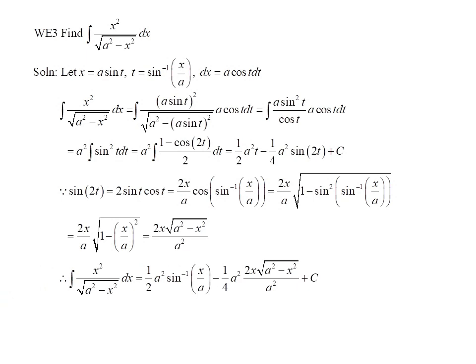Hence, the antiderivative can be written as 1 over 2 times a squared arcsine of x over a minus 1 over 4 times a squared times 2x square root of a squared minus x squared over a squared plus c, which equals 1 over 2 times a squared arcsine of x over a minus 1 over 2 times x square root of a squared minus x squared plus c.